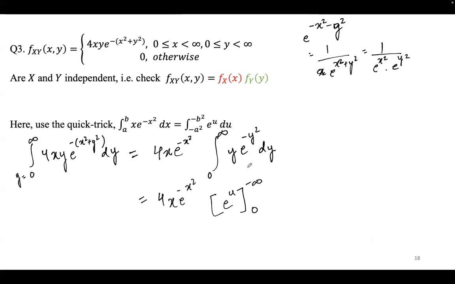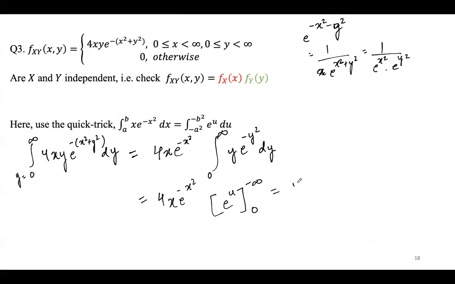This becomes a new version. It's like e to the power u, where your limits from a become minus a square, and from b become minus b square. So a here for us was 0. So minus a square, minus 0 square, that's 0. And infinity changes to minus infinity, because minus infinity square is still infinity, right? So this is there.